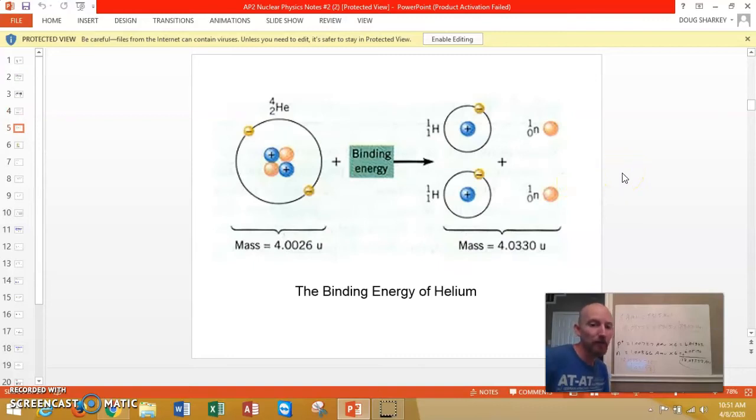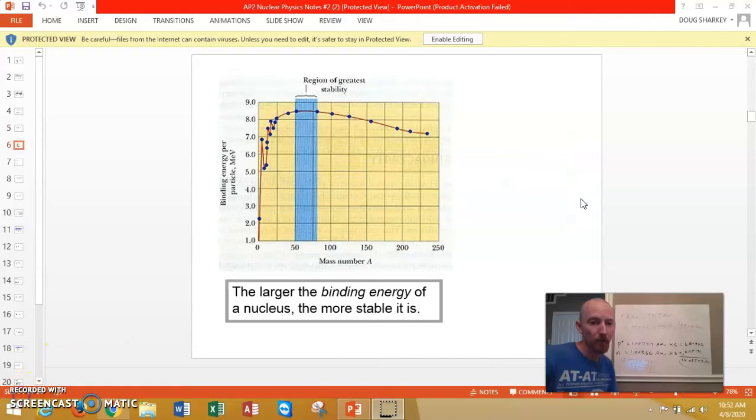Here it is in picture form. This is a helium atom here, and then you can figure out how much binding energy it takes to keep it held together. Here's a graph, and you'll see this in a lot of textbooks.